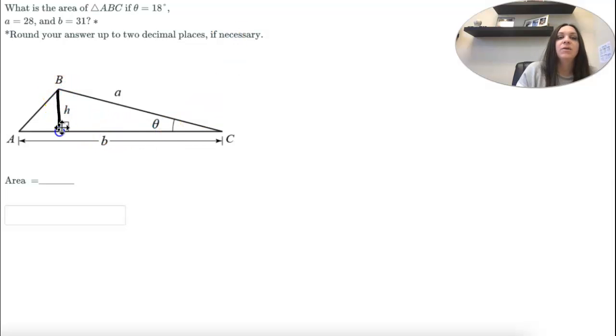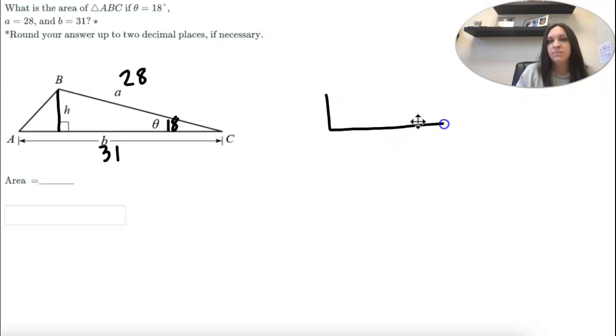Okay, so now here's our right triangle. Our base is 31 and our angle's 18. So here's our right triangle, 18. We know 28, we're trying to find this. So opposite over hypotenuse.